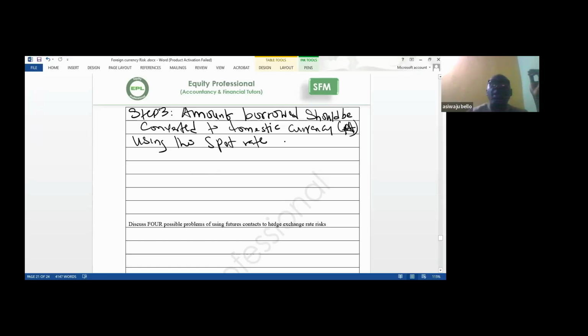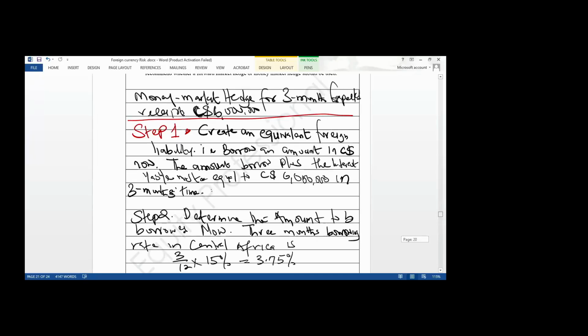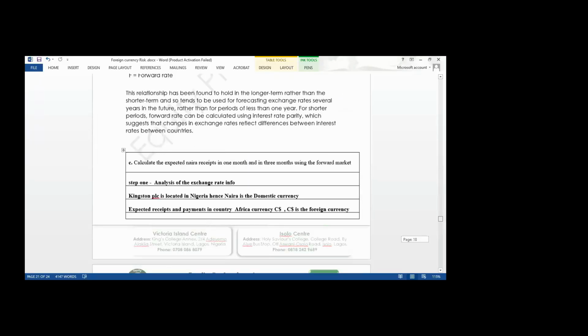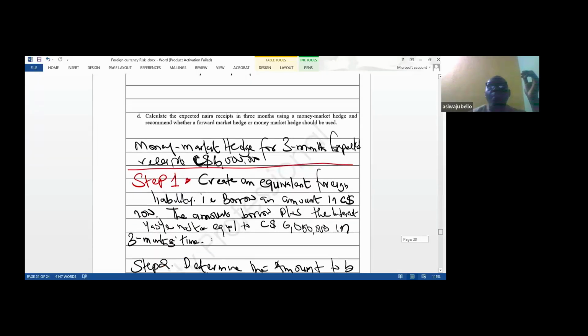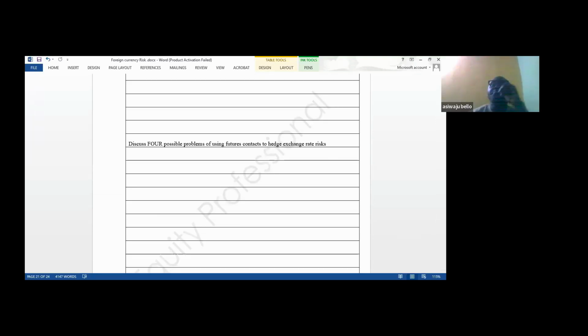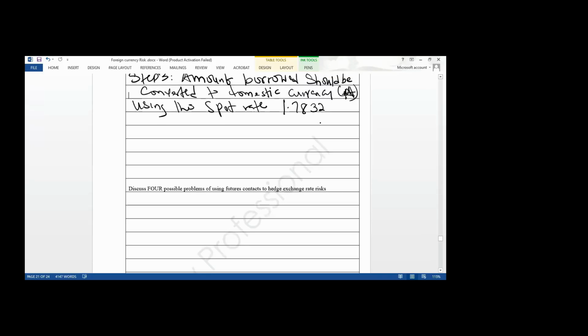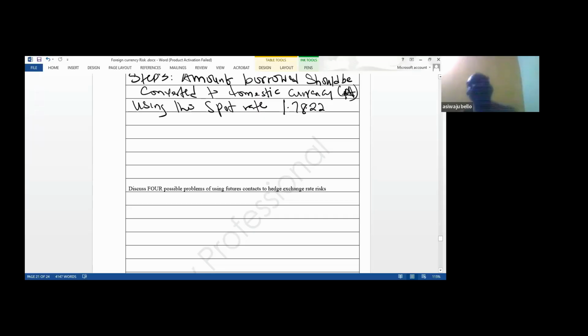Using the spot rate 1.7822. That is the appropriate spot rate to use.